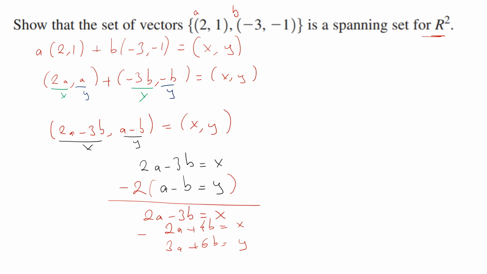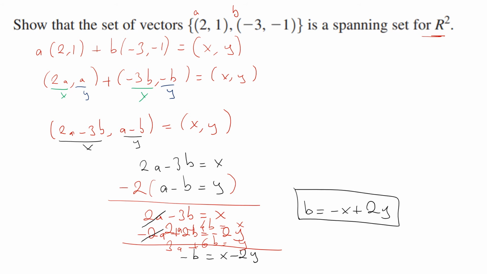The second one, I get -2a + 2b = -2y. Adding them together will eliminate the a's. Over here, I only have -b left, and over here, I'm left with x - 2y. Sending that negative to the other side, I get b = -x + 2y.